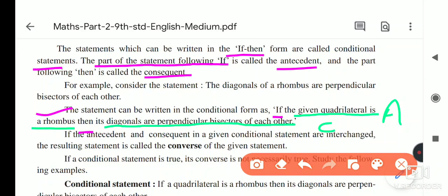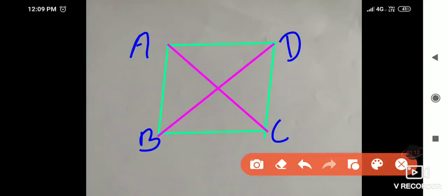Now we will consider the statement: the diagonals of a rhombus are perpendicular bisectors of each other. I will show you how. If you see this figure, ABCD is a rhombus.